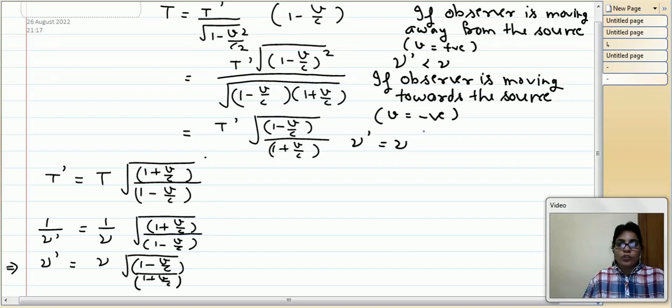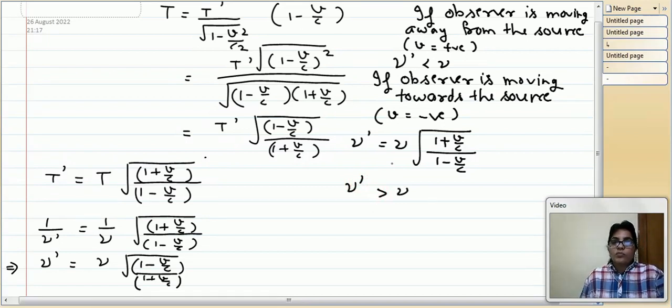Now we will put V as negative, so it will be 1 plus V by C divided by 1 minus V by C. In that case, this whole factor will be greater than 1. So nu dash will be greater than nu. It means if the observer is moving towards the source, then the frequency will increase.